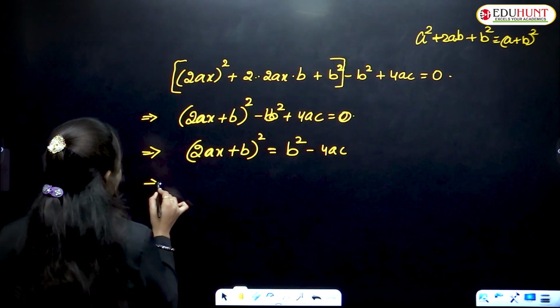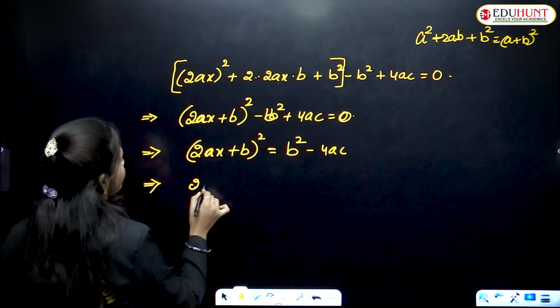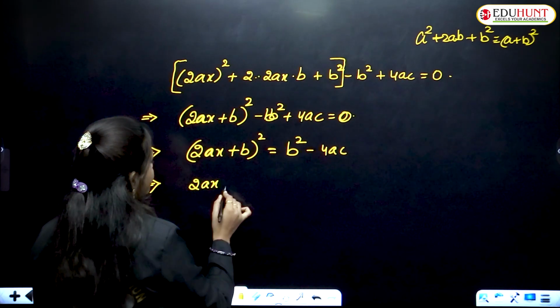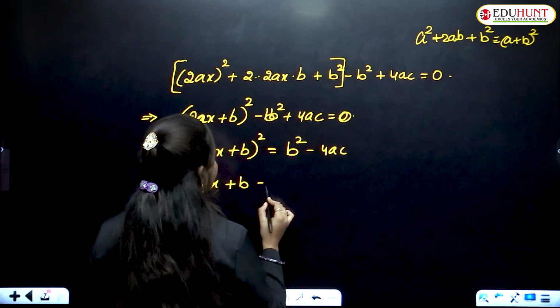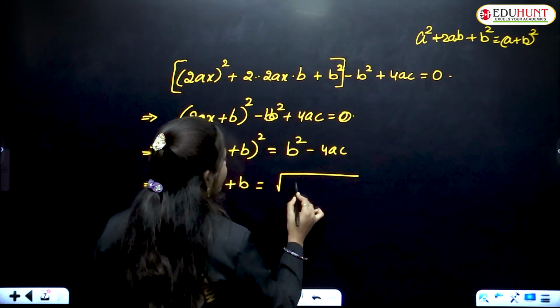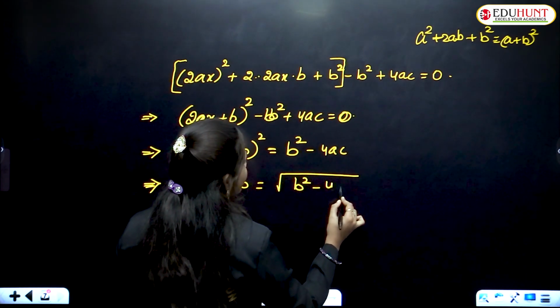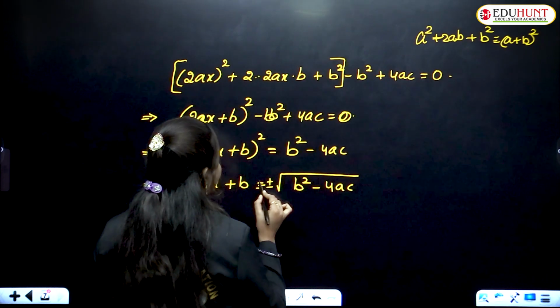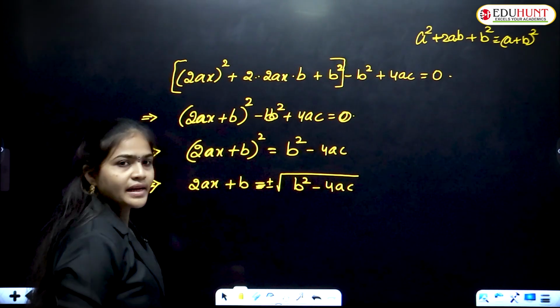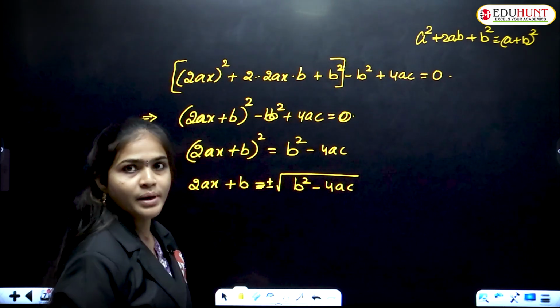So taking the square root, 2ax plus b is equal to plus or minus square root of b square minus 4ac.